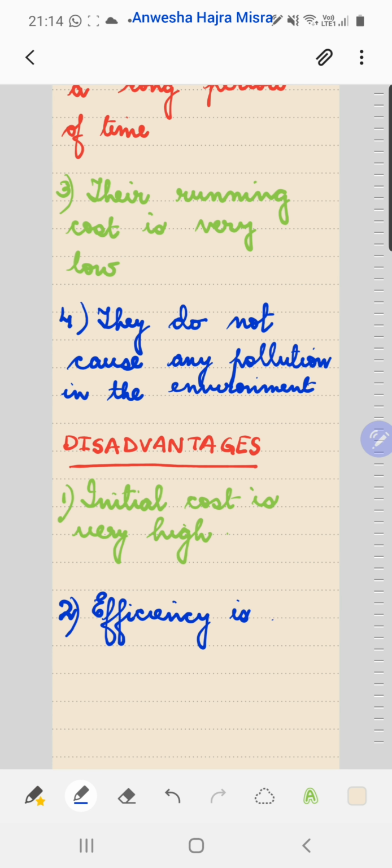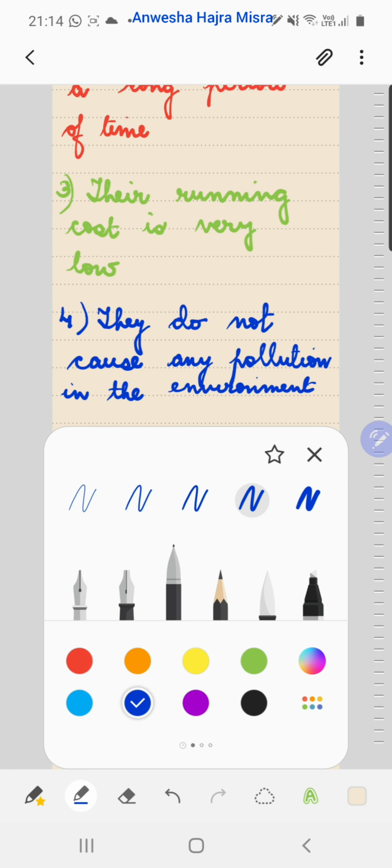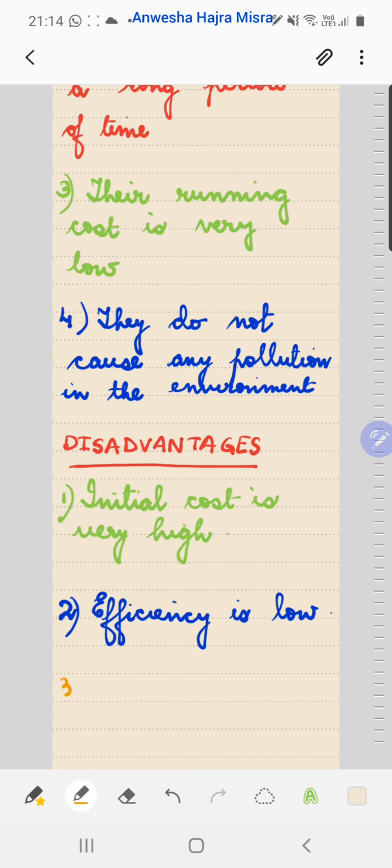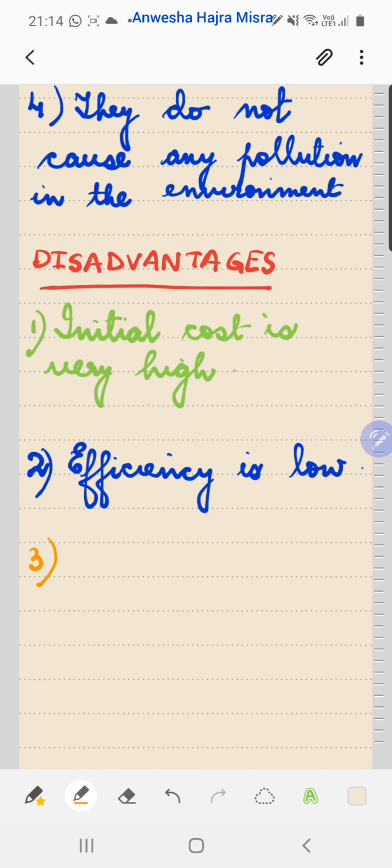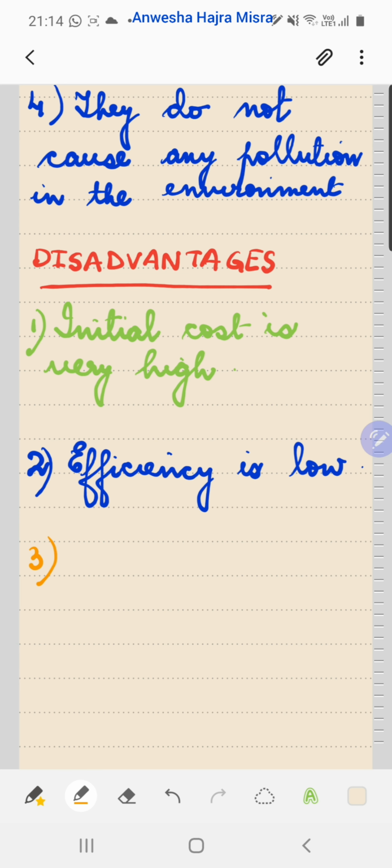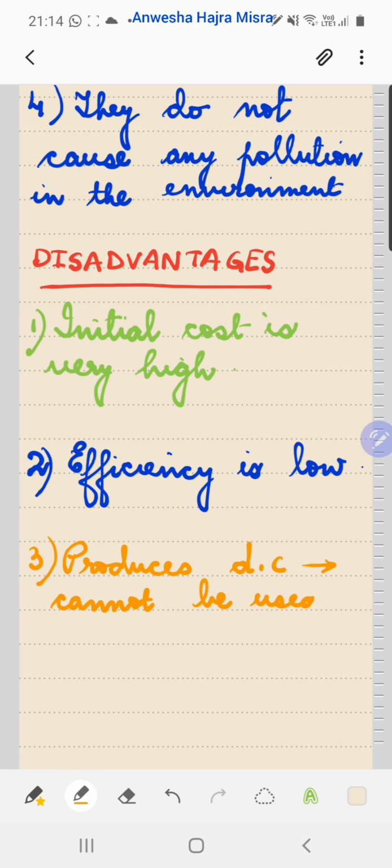The solar panel produces DC, direct current electricity, which cannot be directly used for many household purposes.